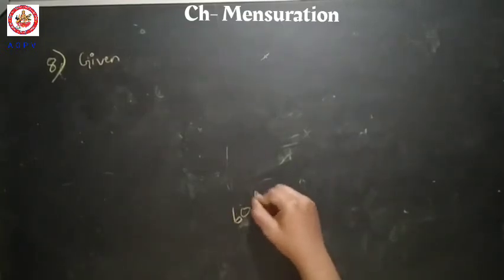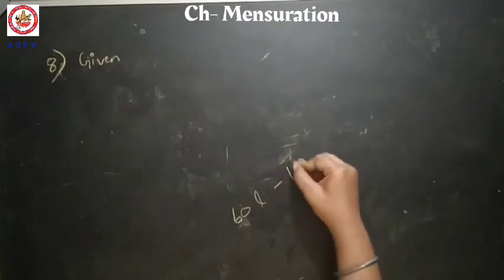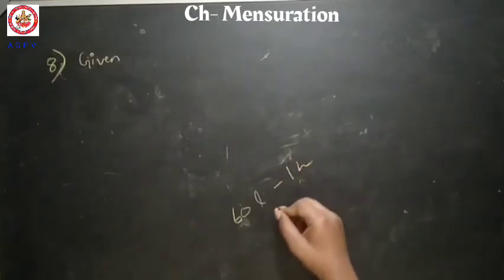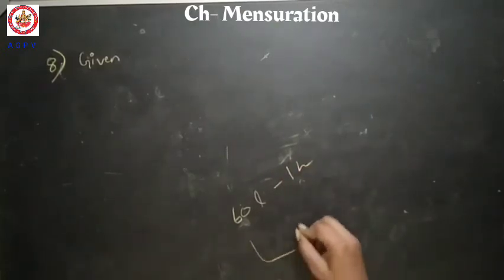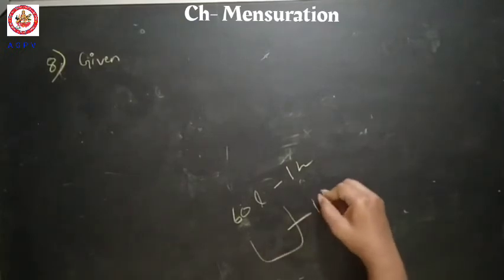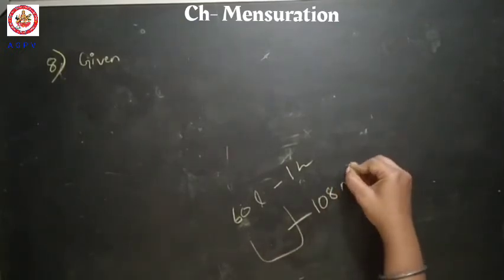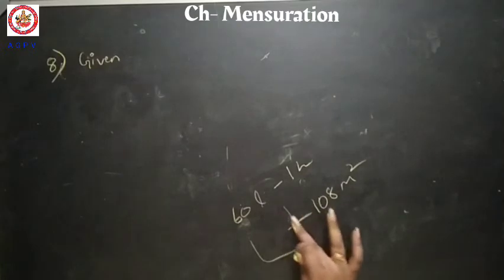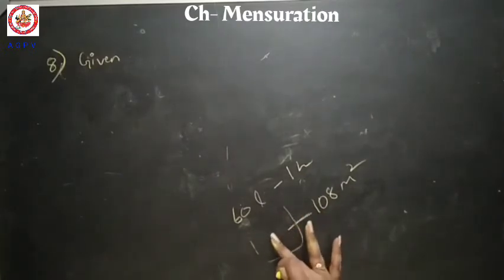Okay, so for example, we can take our own tanks, right? So here it has been given 60 liters can be filled in 1 hour. Okay, so how much time is required to completely fill a tank if the tank capacity is 108 meter cube, they are asking it.